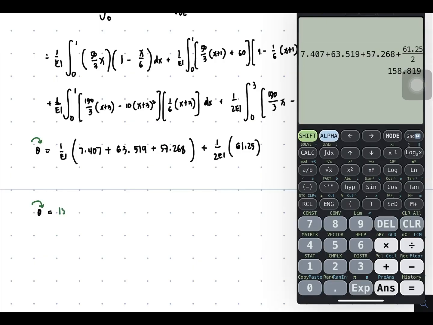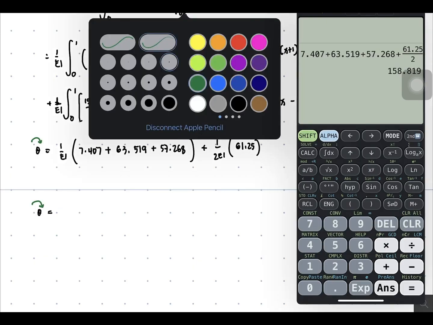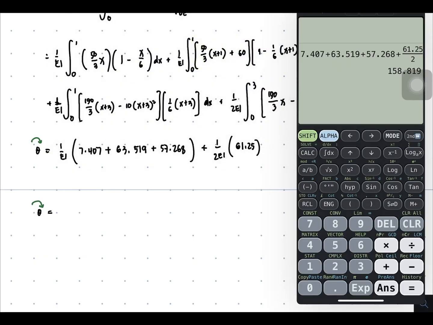So the answer is we have 1 over EI times 158.819 kilonewtons square meter.